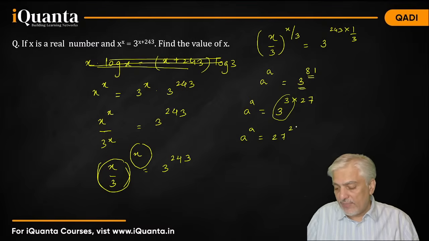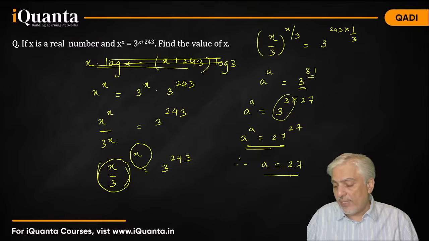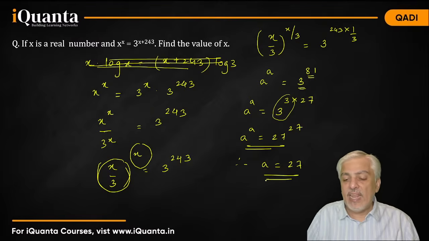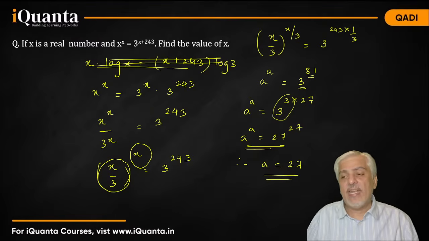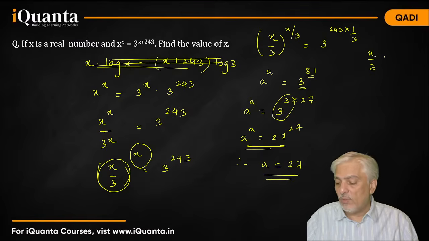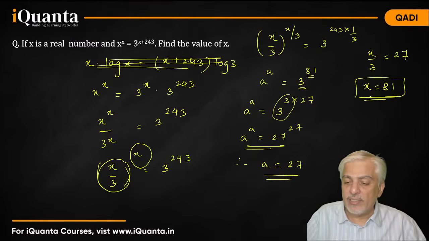So it will become 27 raised to 27. And therefore, now we can compare and we can say a was 27. Not x. x is not done yet. a was 27. Once I got a is 27, then I will get x by 3 is 27. Therefore, x is 81. Sana, I think, had asked, is the long method clear, everybody?